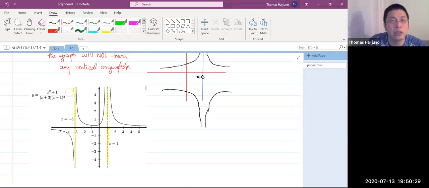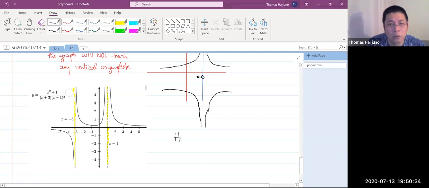Now the question is then, how do we find the vertical asymptote?